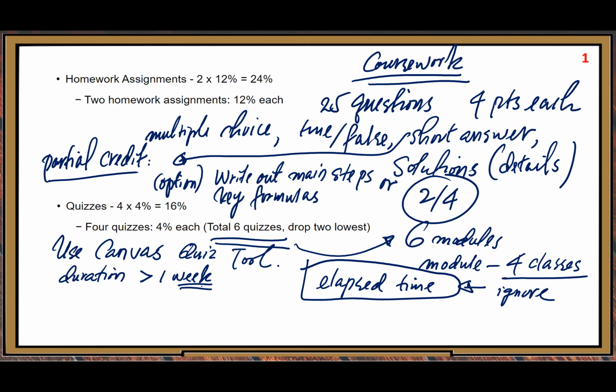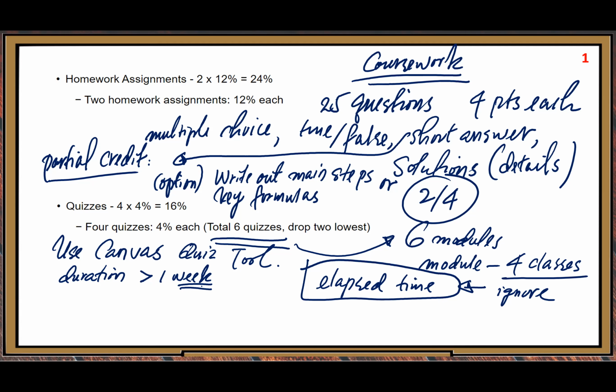So what do I mean by more than 1 week? For example, when I give you the quiz on Friday, then the deadline I set is next Sunday. That means more than 1 week. Not the same Sunday, all right? The next Sunday.